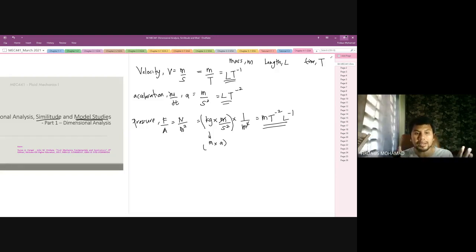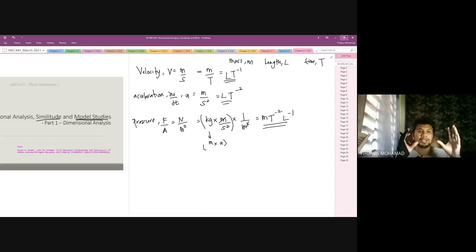But how to come up with this model ataupun with the scale model, we must depend on, for example, similarity. So for example similarity in terms of Reynolds number, kalau Rayleigh number, kalau untuk yang terlibat dengan heat transfer. So kita kena come up with all this similarity.